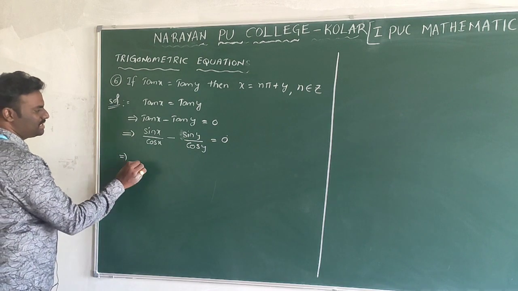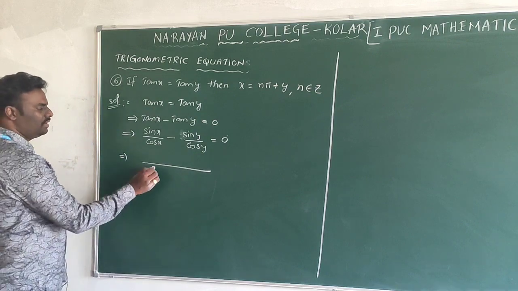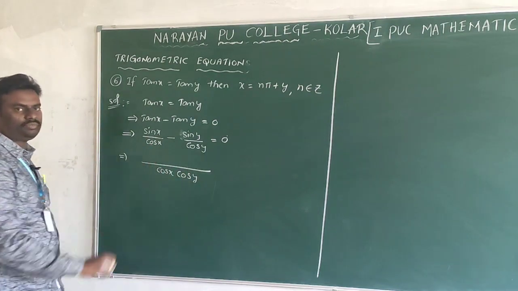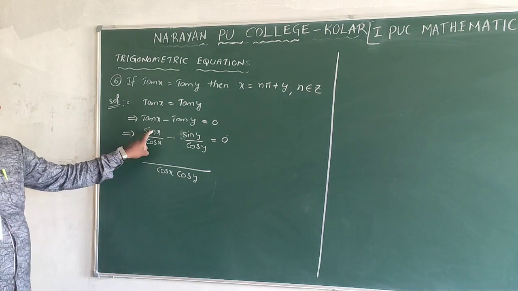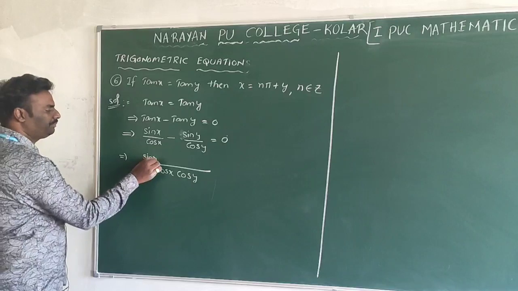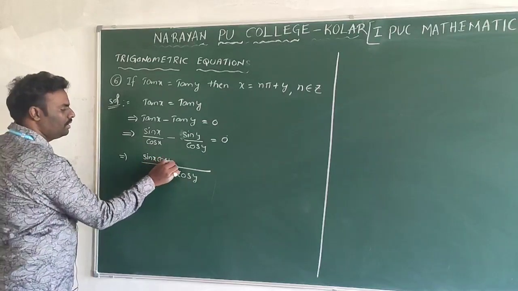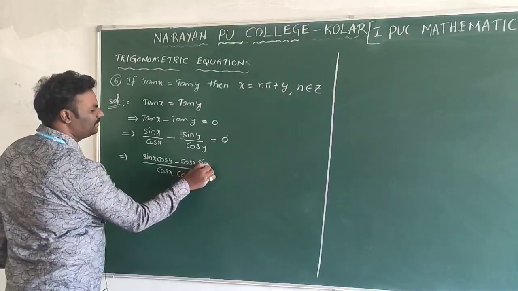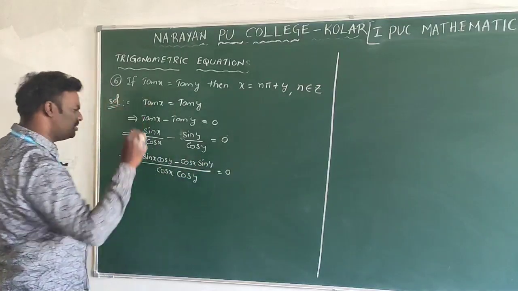Now, if you take LCM, cos x cos y is the LCM. If you cross multiply, sin x into cos y minus cos x into sin y is equal to 0.